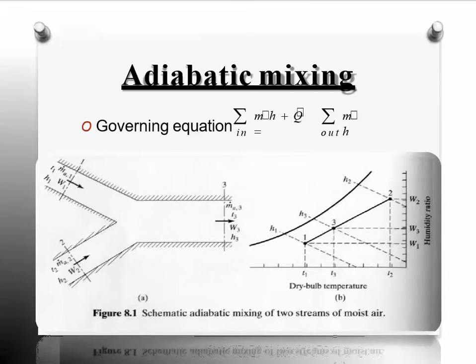In this diagram, you can see that from inlet 1 and inlet 2, two different air streams are added, and finally we come to the third outlet. The governing equation is the summation of m h plus q equal to the summation of outward. This is the schematic diagram which shows the mixing of two streams.